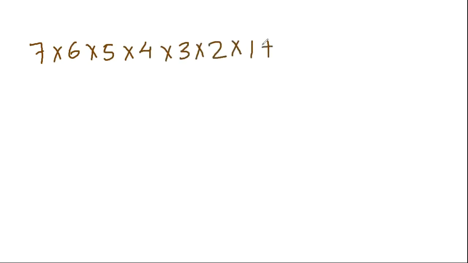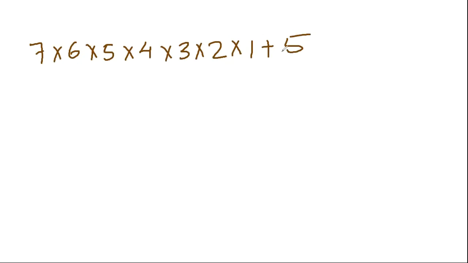Let's consider the second question: 7 into 6 into 5 into 4 into 3 into 2 into 1 plus 5. Express this as prime factors, and then we can show it is a composite number. First, we make a rearrangement.